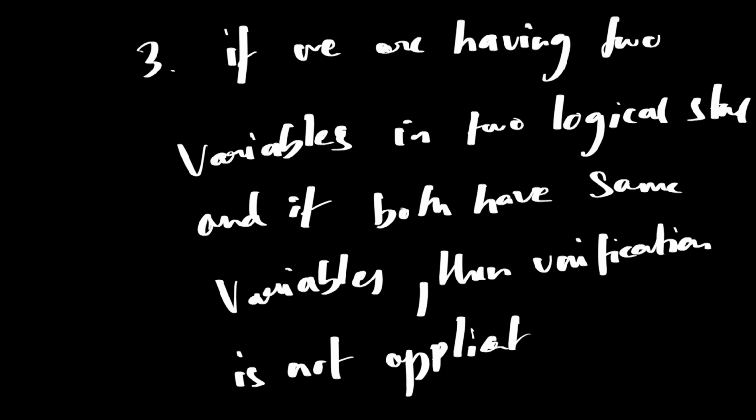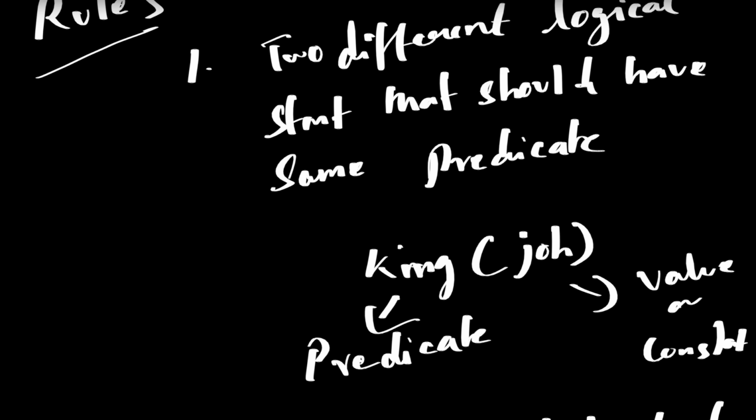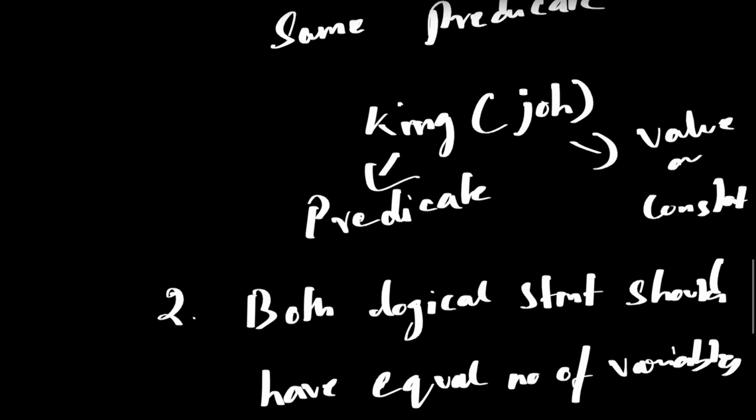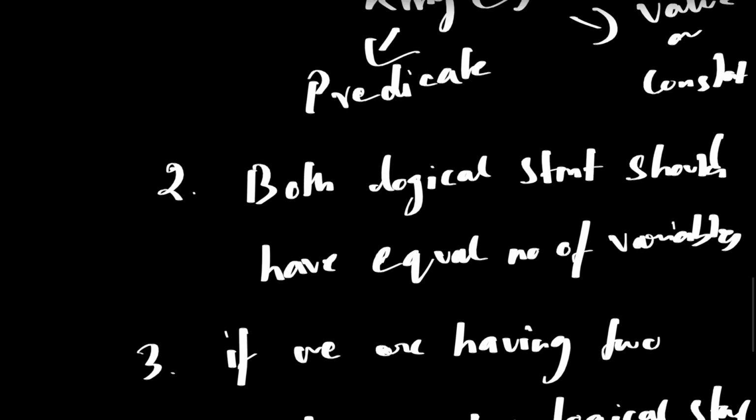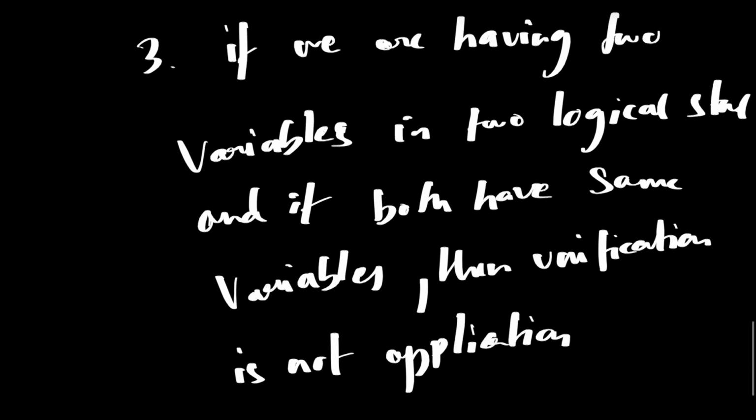It's quite important because at times we'll have two different logical statements, and if both have the same variable, then unification cannot proceed. So remember these rules: we should have the same predicate, the same number of variables, and if there is more than one variable, the variables should not be the same, otherwise the unification process cannot be achieved.